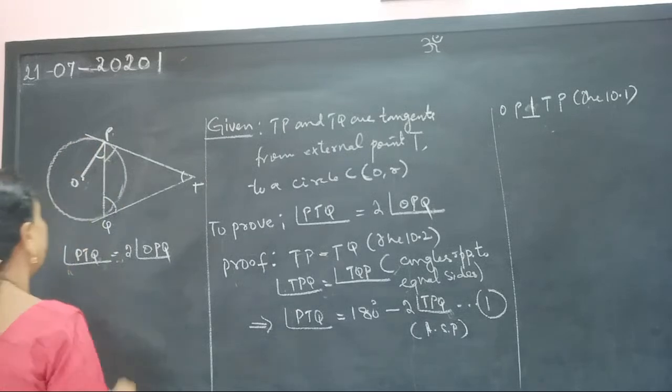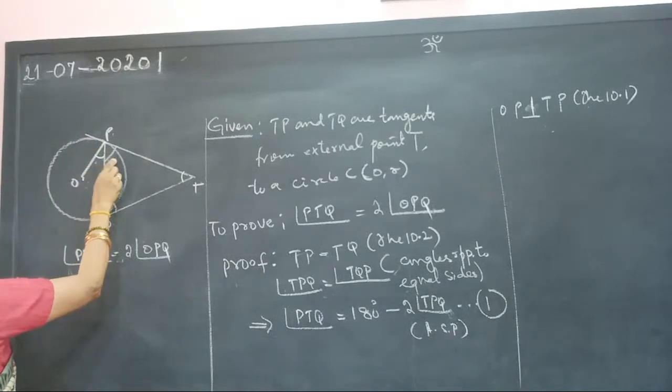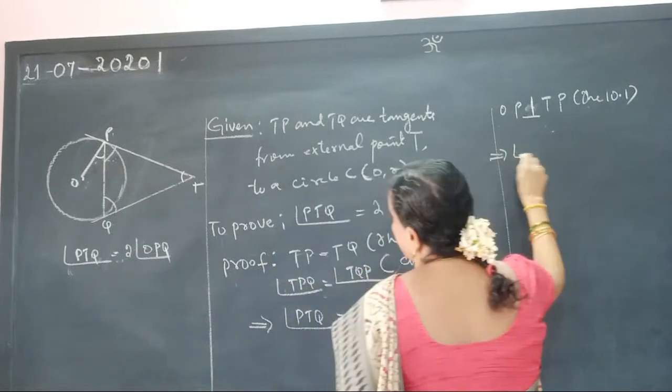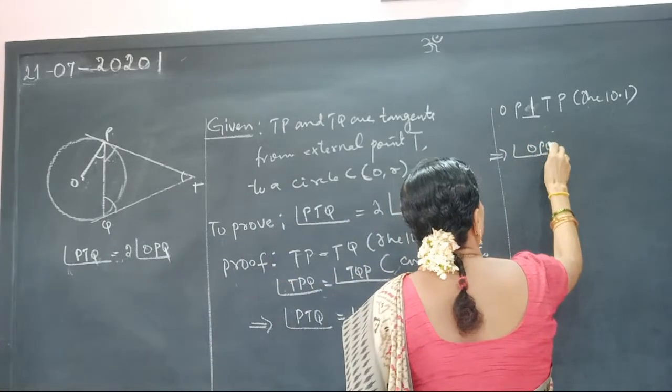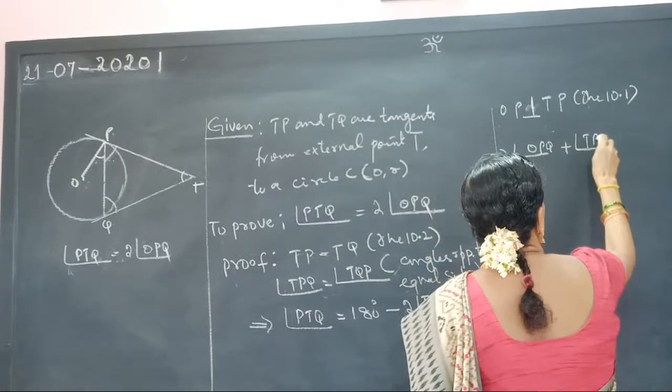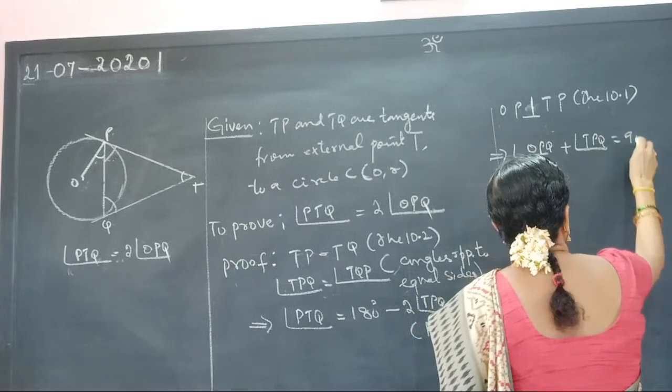So we can write the sum of these two angles equals 90 degrees, which implies angle OPQ plus angle TPQ equals 90 degrees.